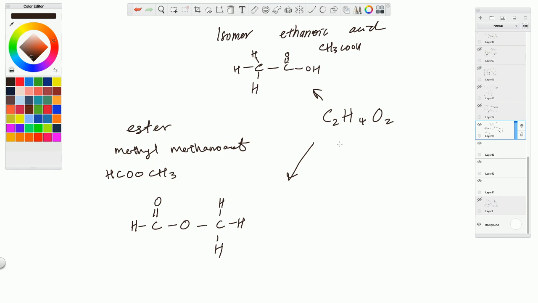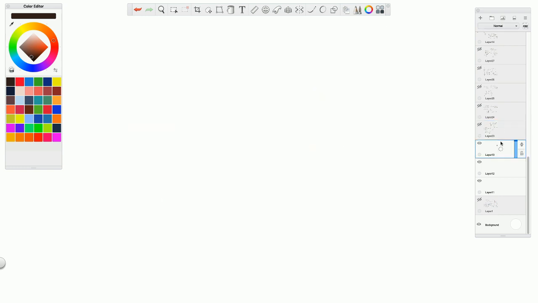Okay, so ester is isomer also for carboxylic acid, but in those long carboxylic acids, for example, pentanoic acid. Okay, you must always remember your COOH must always be at the last carbon. Okay? Alright.